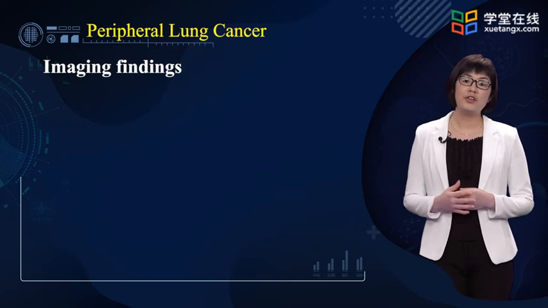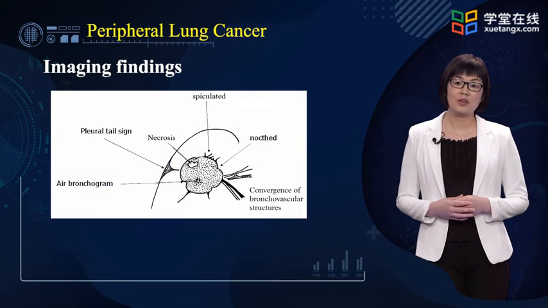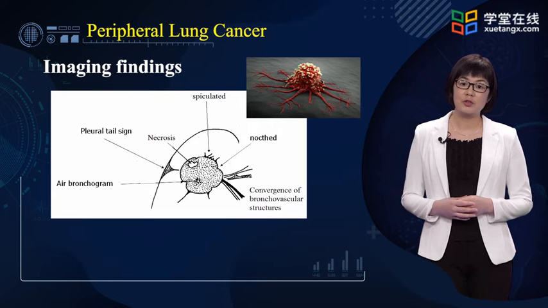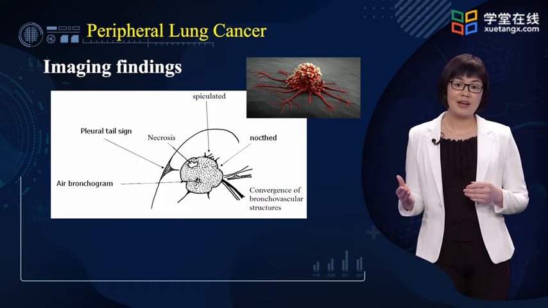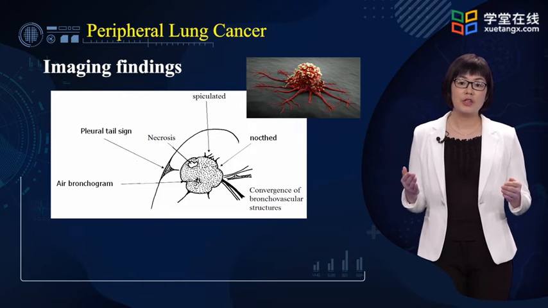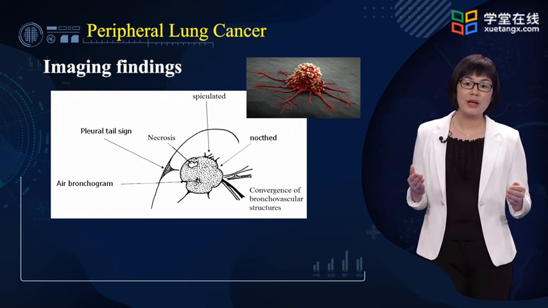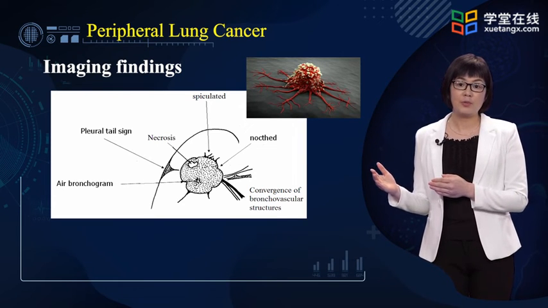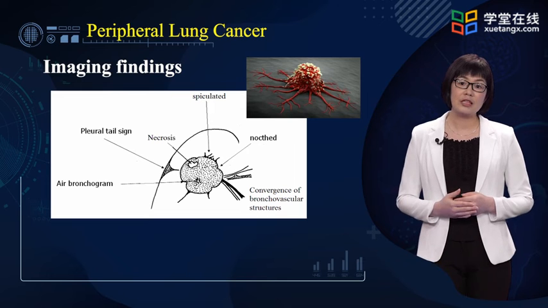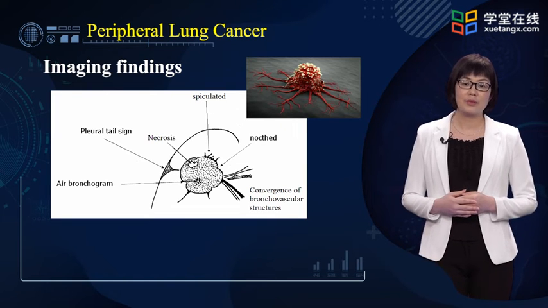In the last session, we learned about the differential diagnosis of benign and malignant solitary pulmonary nodules. Can you still recall the key points? Yes, we can assess the nodule from the size, calcification, growth, shape, margin, bronchogram sign, density, and contrast enhancement, right? And these two graphs here, I think, help to understand the imaging manifestations of peripheral lung cancer.